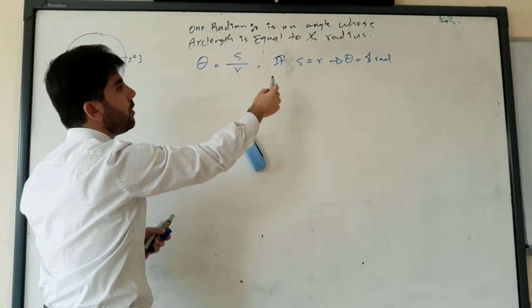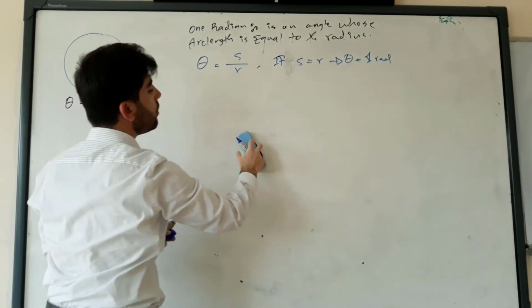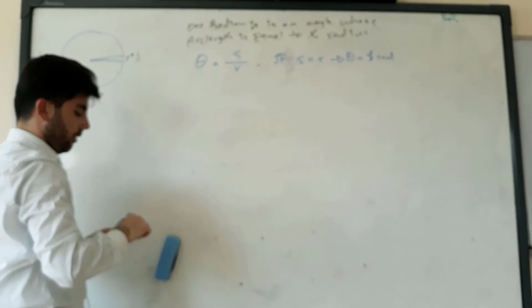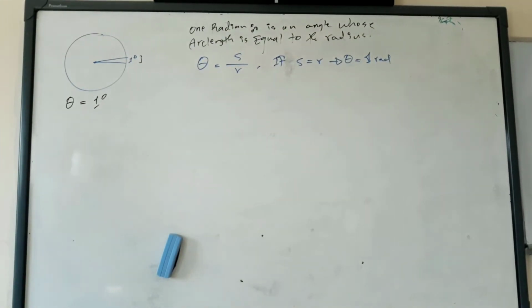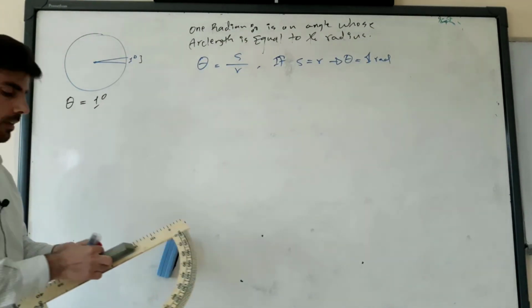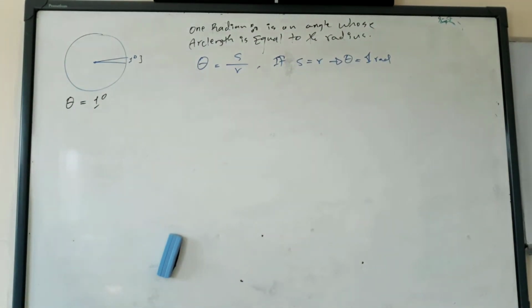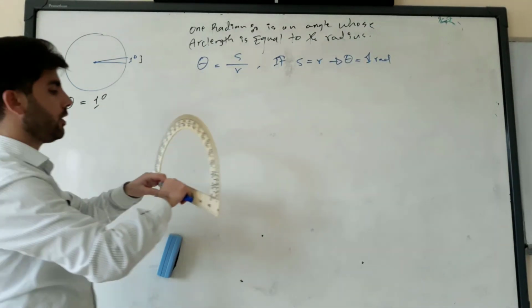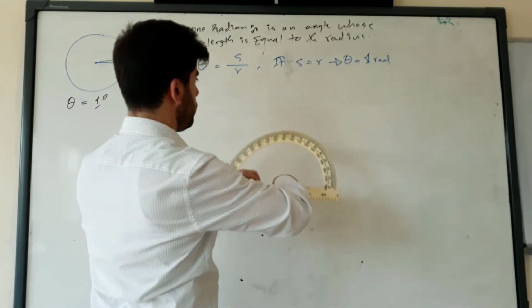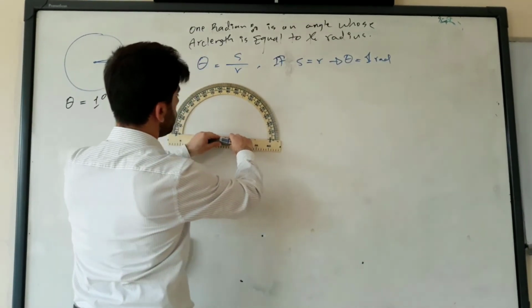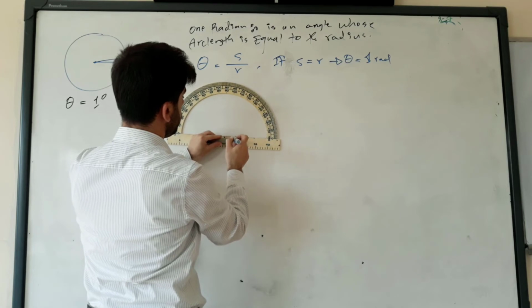But when will these two be equal to each other? I'm going to explain this for you guys. This is a protractor. I'm going to make somehow a circle for you.